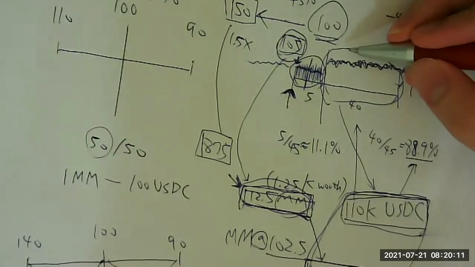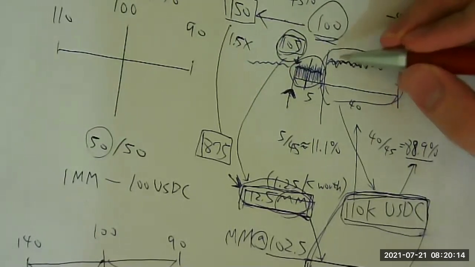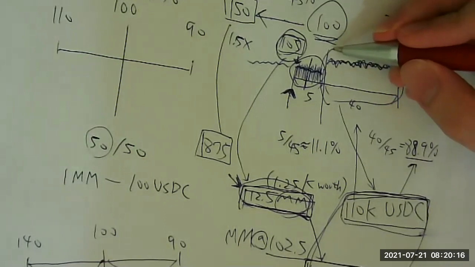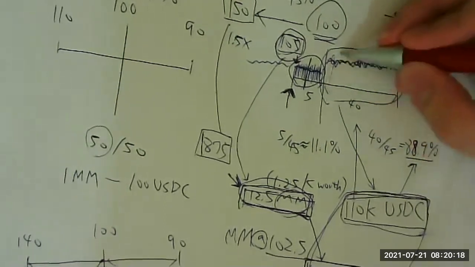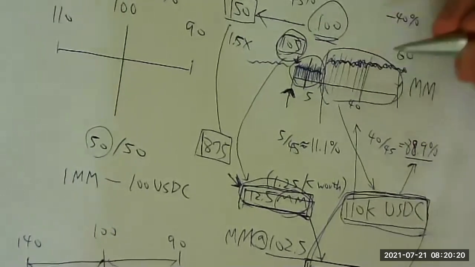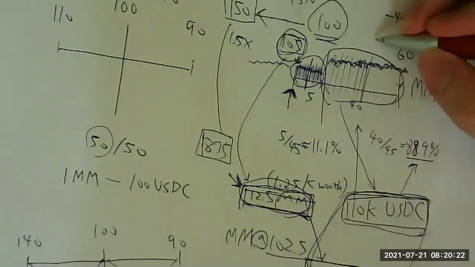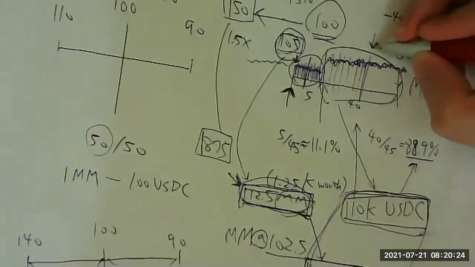So it is perfectly fine if I'm buying MM as the price dips. So I'll be purchasing here, here, here, here, here. And for example, I can just pull out my liquidity pool at this point.